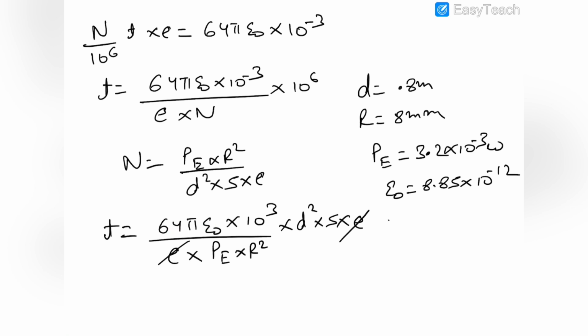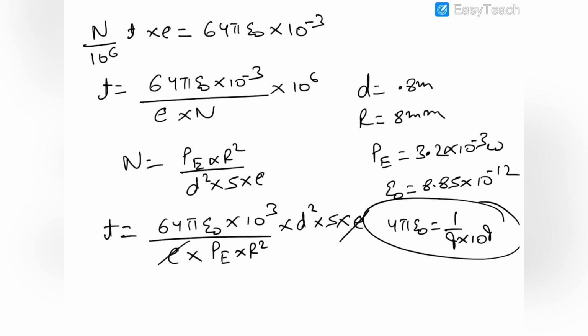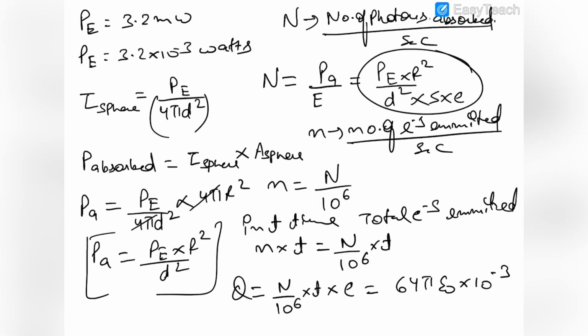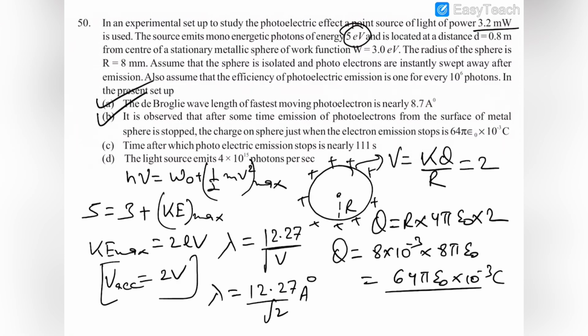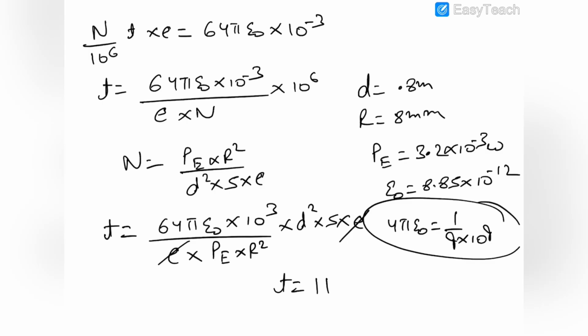So the value of 4 pi epsilon naught will be equal to 1 upon 9 into 10 raised to power 9, which is 1 upon k. So if you substitute all these values here, then the time will be approximately equal to 111 seconds. So answer C is correct, and it would be approximately 111 seconds.